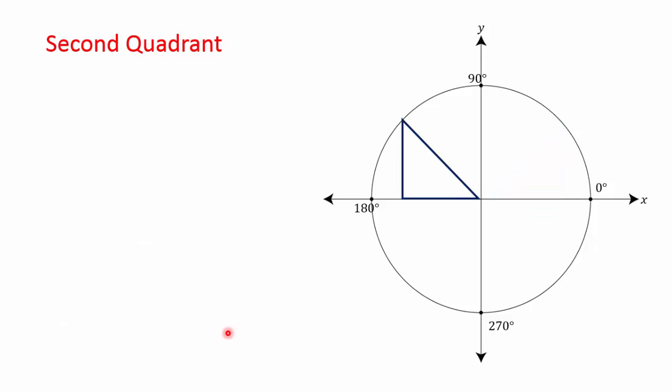If we do a similar thing in the second quadrant, put our angle in, our radius is 1. This time, these x values are negative, but these y values are still positive, because y is above the x-axis, whereas on this side the x values are negative, but over here the y values are positive.